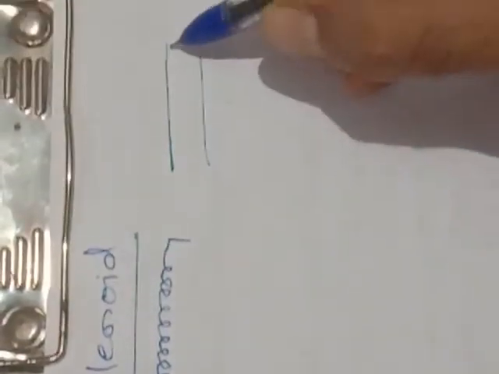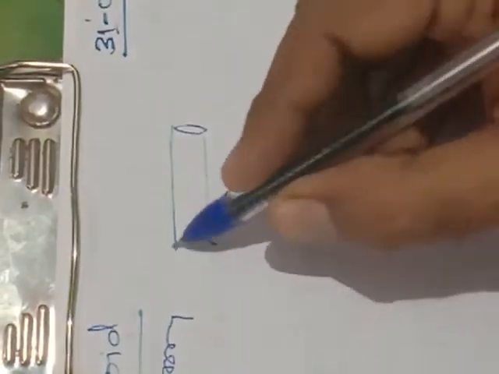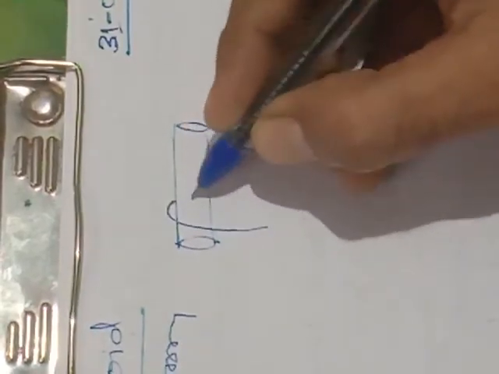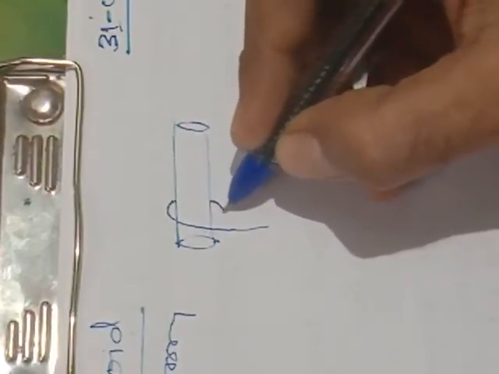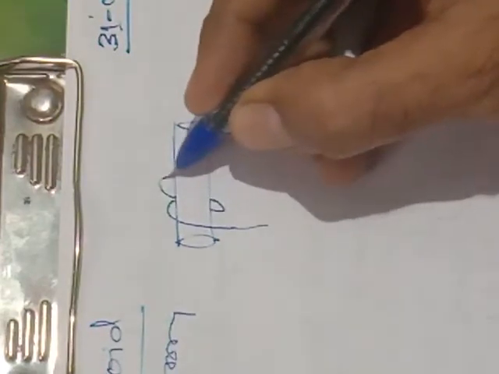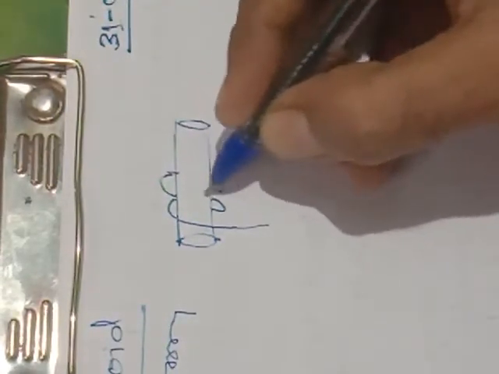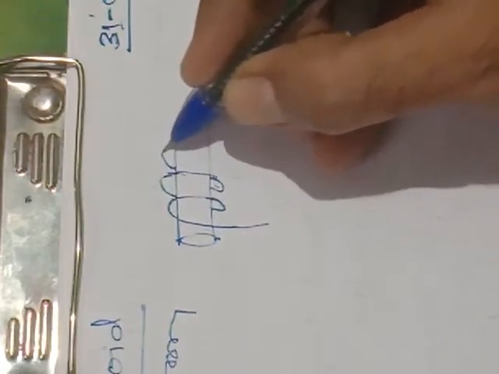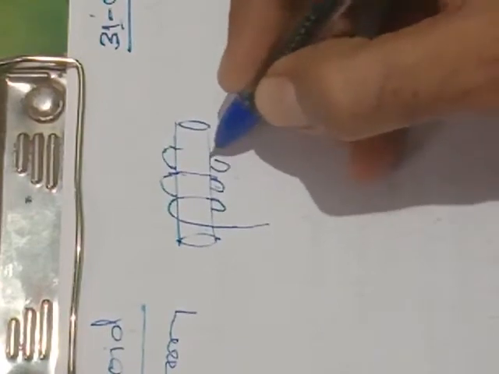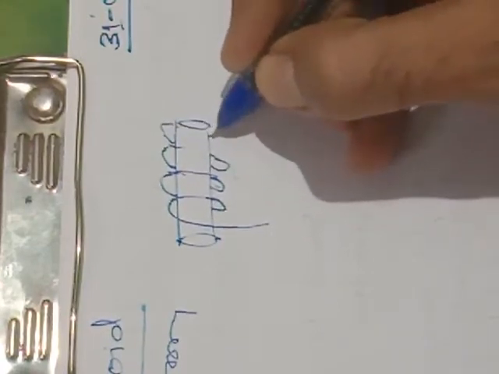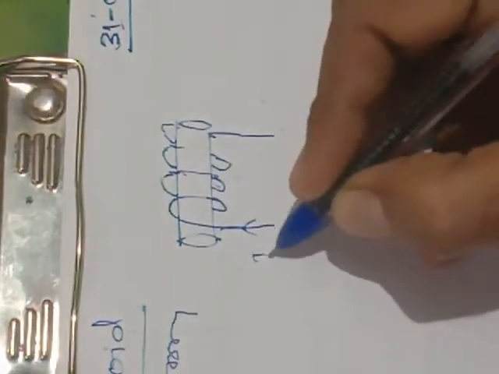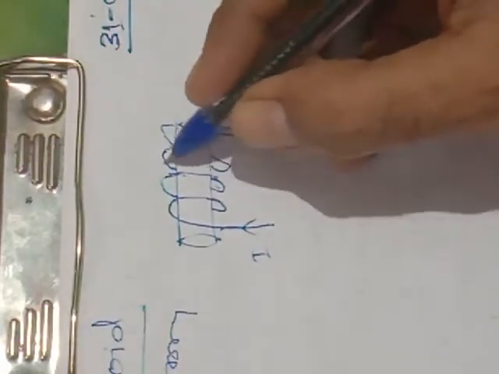What is done? A wooden rod is taken and on this wooden rod the wire is turned like this. If current is allowed to pass through it, then what will happen?